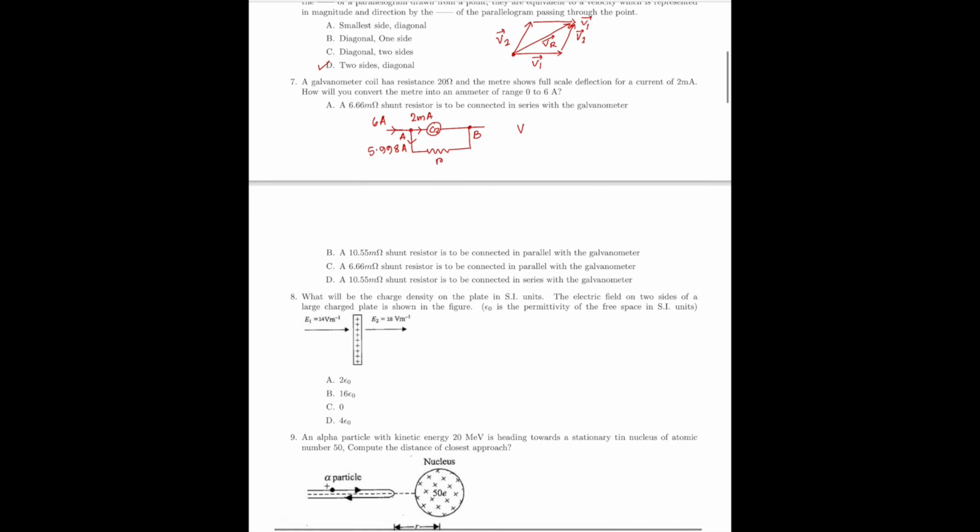If it has a resistance R, then the potential difference between A and B can be written as V, which is the current through the galvanometer times the resistance of the galvanometer, and the same potential is the current through the shunt times the resistance of the shunt R.